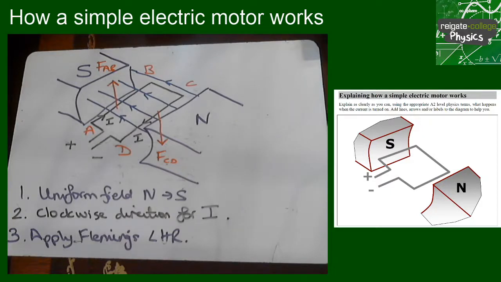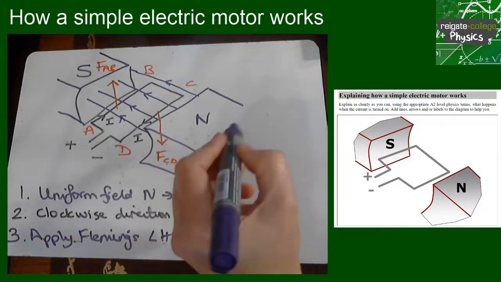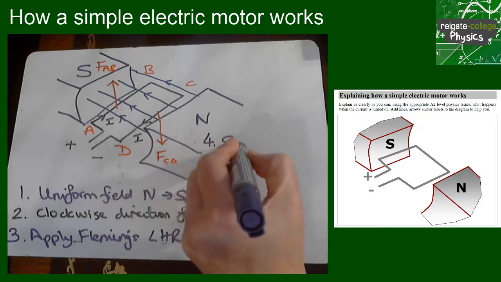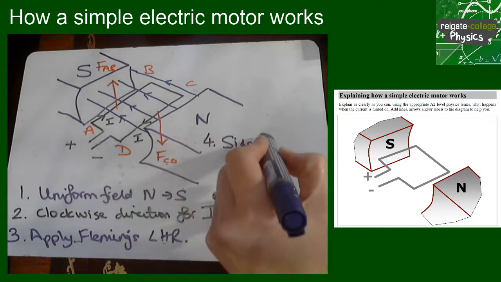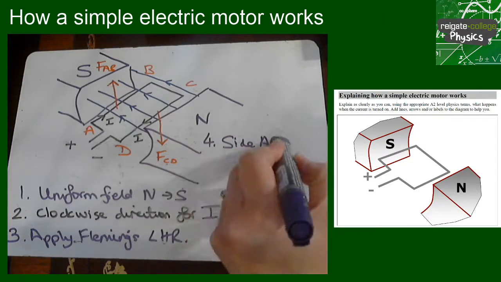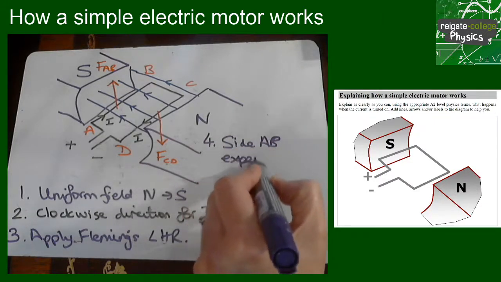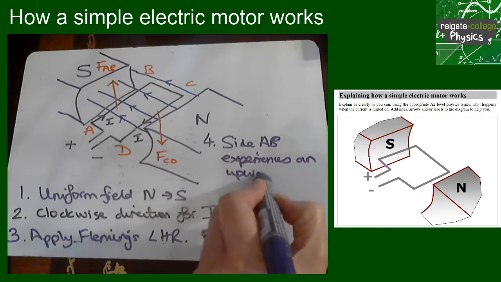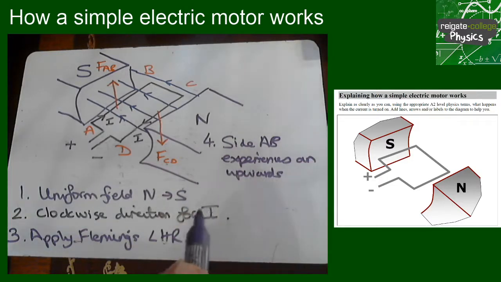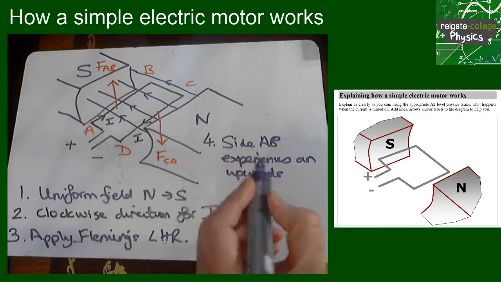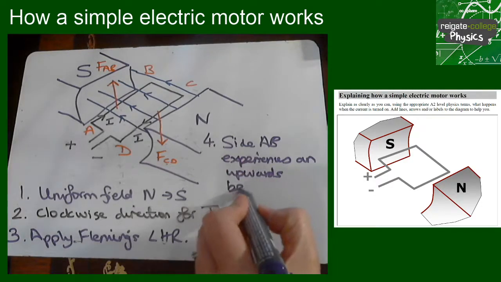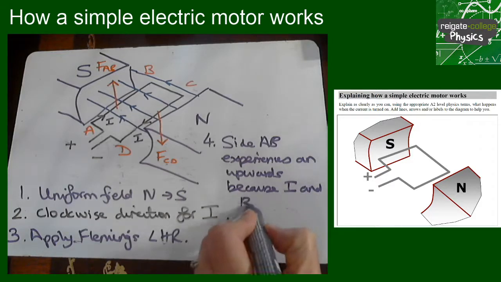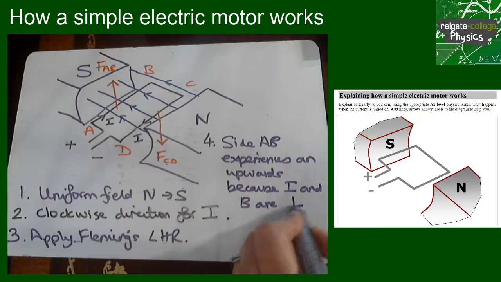So what you can do now, point number 4, is that side AB experiences an upwards force, and that's due to Fleming's left-hand rule and the fact that I and B are perpendicular.